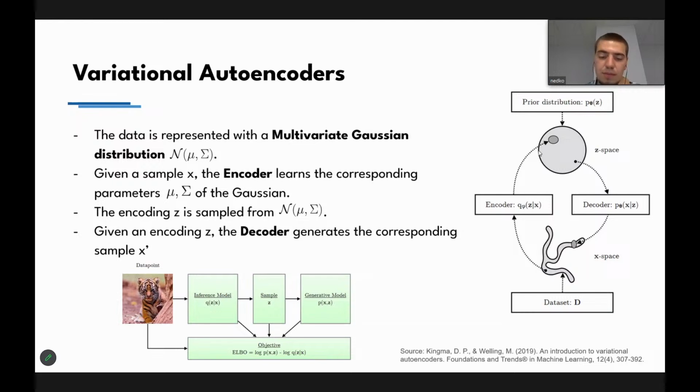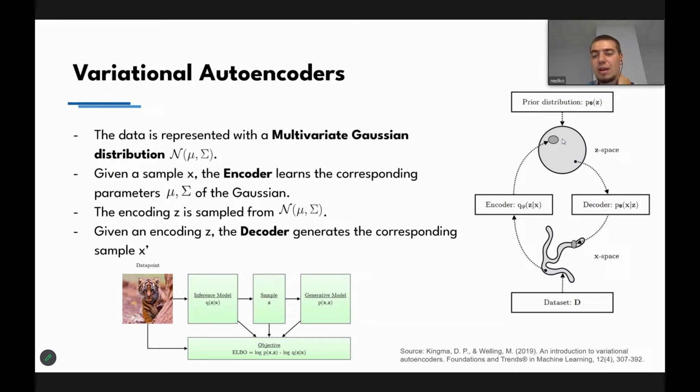The encoder is going to take this input image and try to find parameters of a distribution. So this would be the mean and the variance of a multivariate Gaussian distribution. Given these parameters, the claim is that using this distribution, you will be able to get the image that you sampled from it.